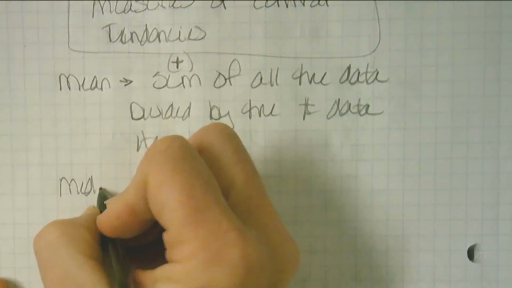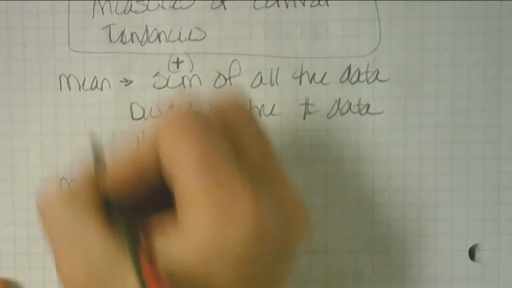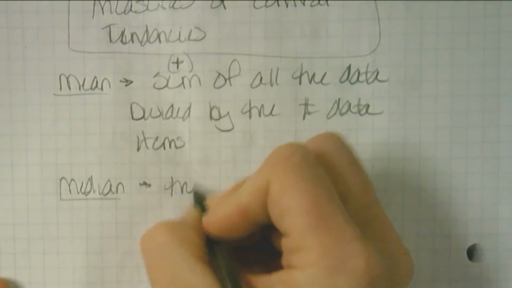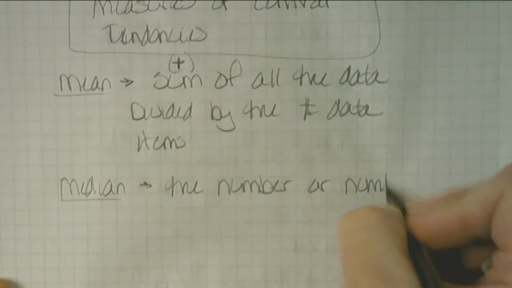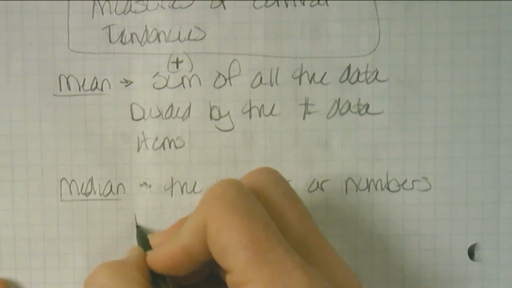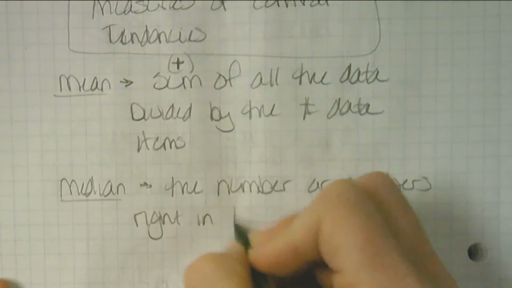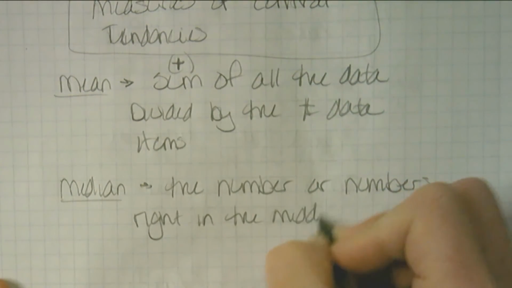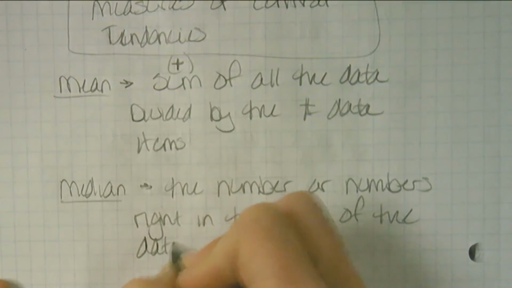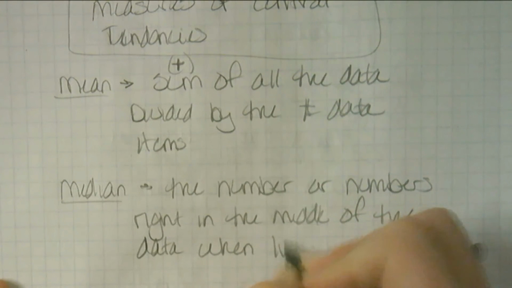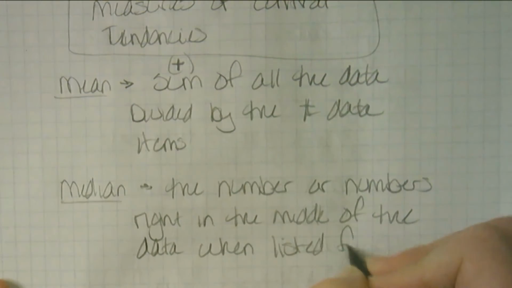Median, this is the number or numbers right in the middle of the data when listed from least to greatest.